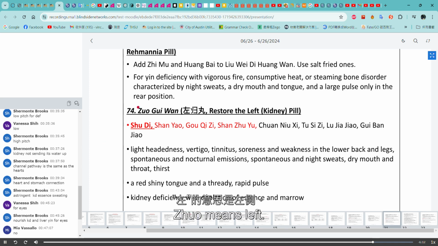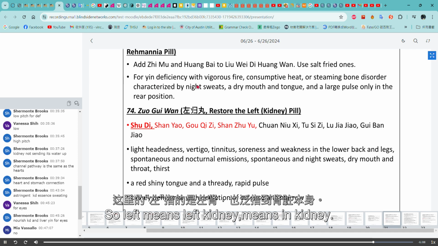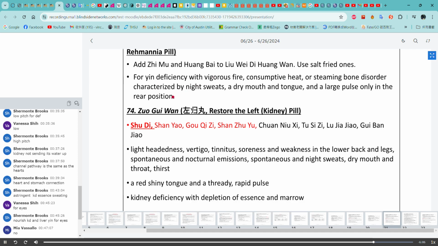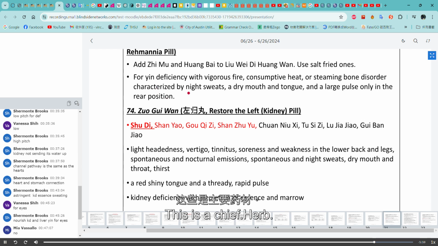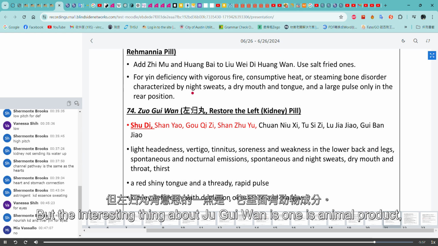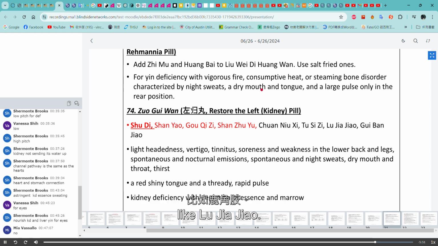Zuo Gui Wan. Zuo means left. Left means the left kidney, meaning kidney yin. So this is Shu Di, Shan Yao, Gou Qi Zi, Shan Zhu Yu. This is a chief herb. But the interesting thing about Zuo Gui Wan is the animal products, like Lu Jiao Jiao.